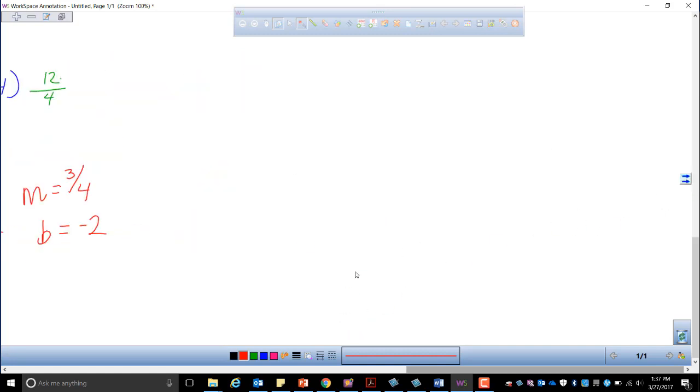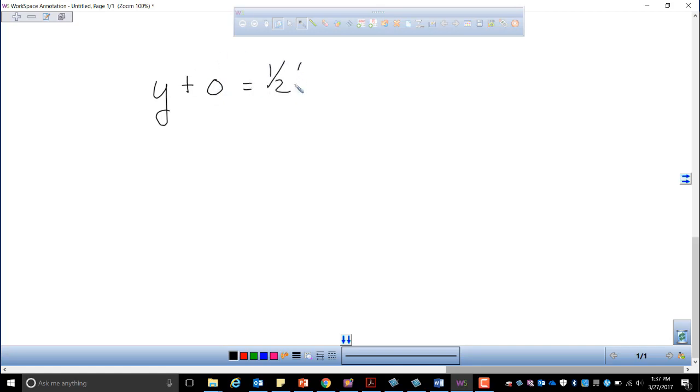All right, let's do another fraction one, just for practice, because in algebra there are quite a few fractions. Let's say it's y plus 0 equals 1/2 x minus 6. So y plus 0 equals, this one's easy, 1/2 x. Now this one, 1 times 6 is 6, but then you have the 2, so you have to divide by 2. 6 divided by 2 is 3.